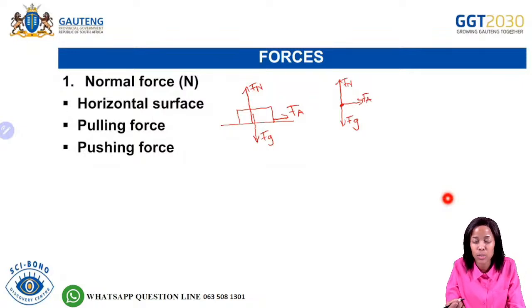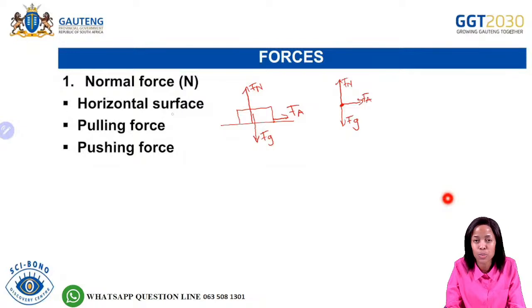Remember, in terms of the free body diagram, all the arrows need to touch the dot, and all the arrows need to point away from the dot.